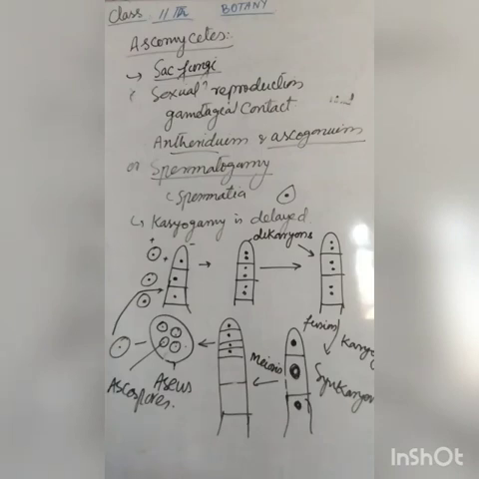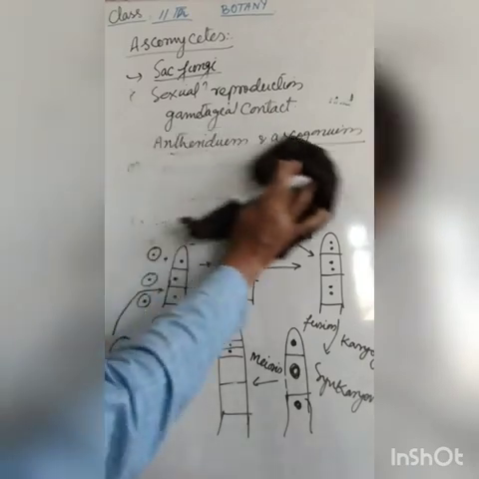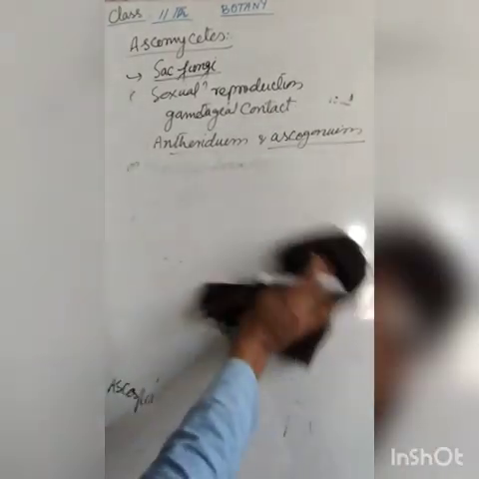Now in some cases, a number of asci are formed by the hyphae, or they are enveloped. You can say a number of asci may be found covered by hyphae or wall to form the fruiting bodies, and they are called ascocarps.